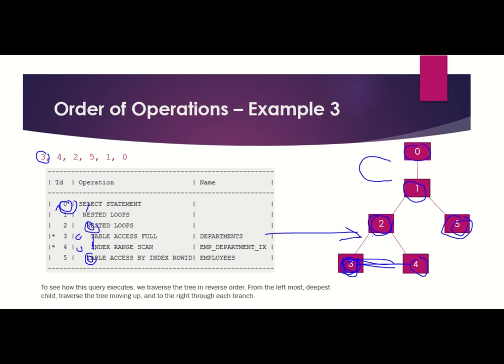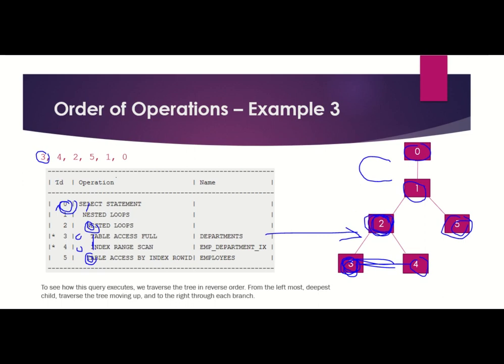Now after third, 2 should execute, by the bottom to top approach. But 2 is the parent and it has 2 children, 3 and 4, and without the child, the parent cannot execute. So in order to execute 2, 4 should execute. So the order of operation will be 3, then 4, then 2, correct?